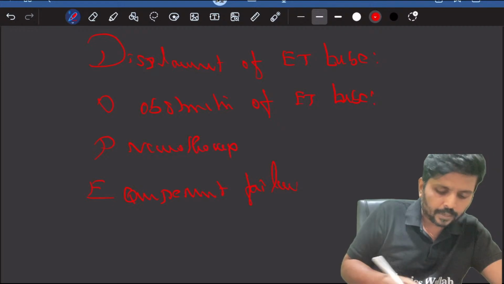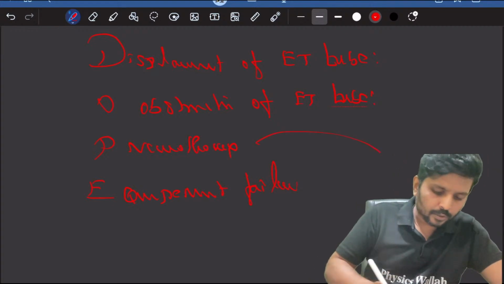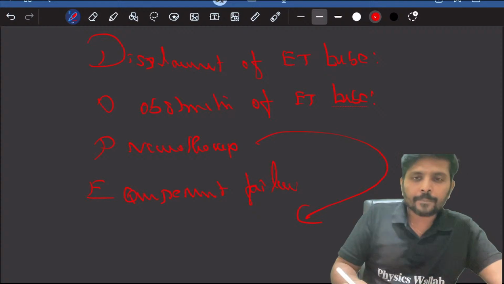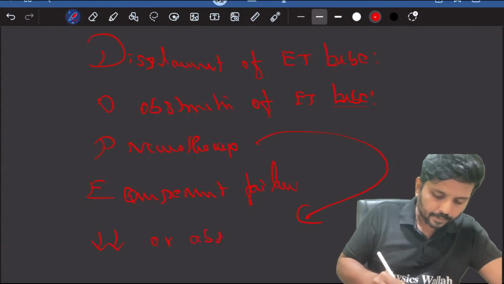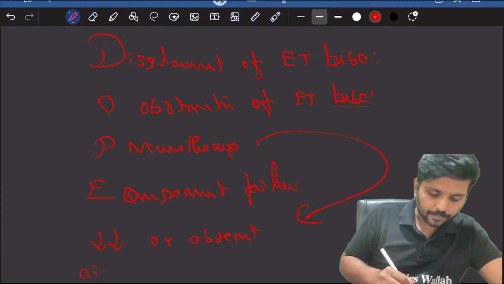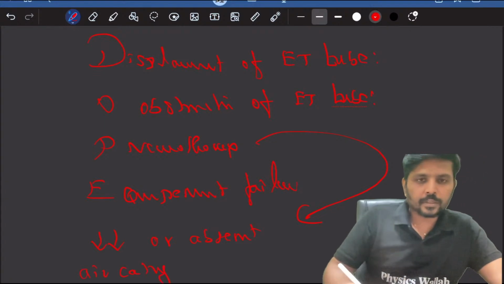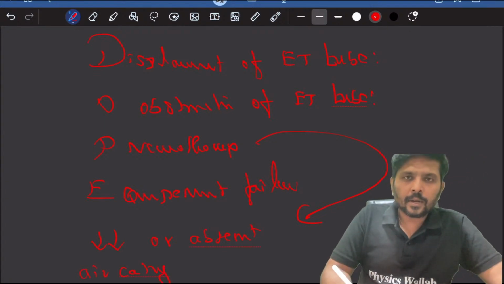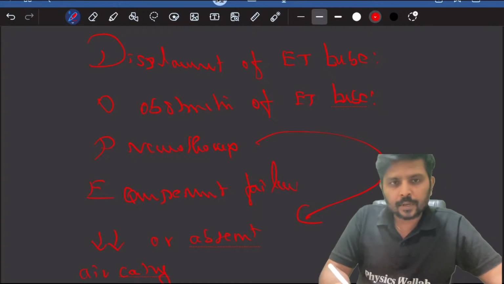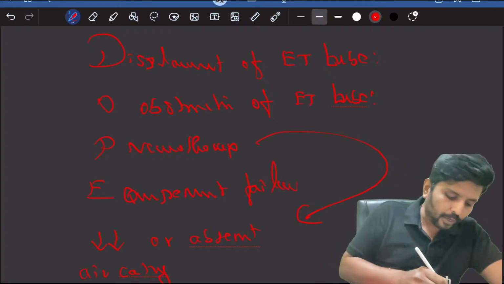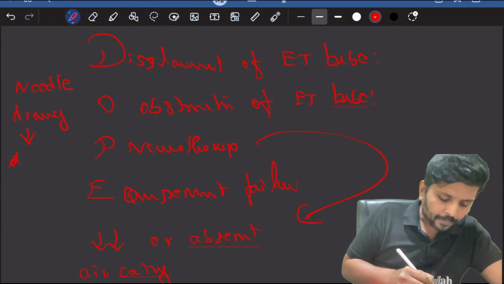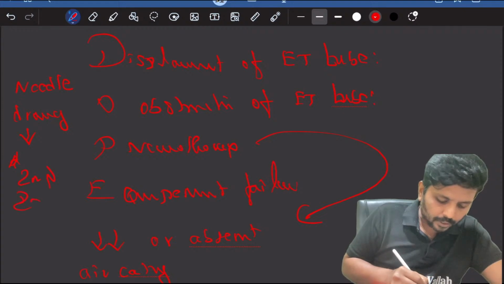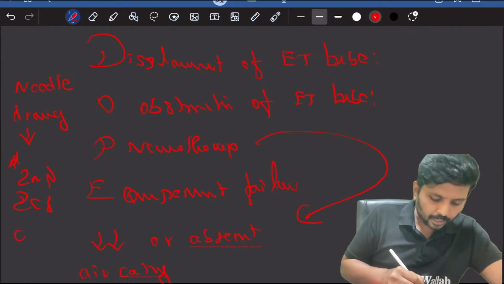P stands for pneumothorax. So this pneumothorax will be easily identified by reduced or absent air entry. Whenever any child shows desaturation and air entry is reduced on one side, immediately you need to put a needle drainage in the second intercostal space just below the clavicle.